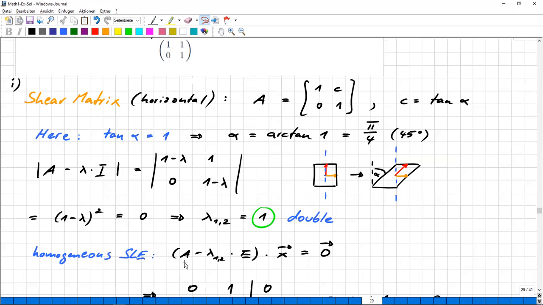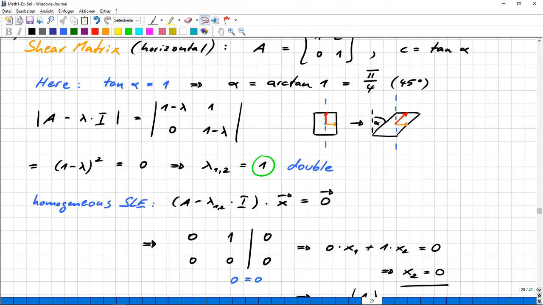Okay. So I will do this. I use parentheses instead of these determinant bars, and I write a minus this value to insert here, 1, times, now again the unity matrix, of course, and then times, so this applied to a location vector x should be equal to the 0 vector, because we are looking at the homogeneous SLE always in this case.